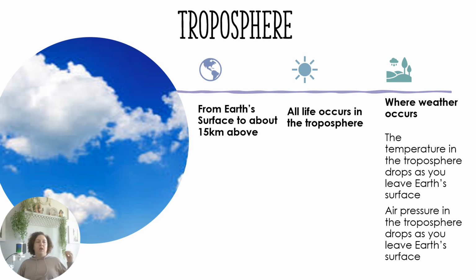So the troposphere. This is from the Earth's surface to about 15 kilometers above Earth's surface. So it goes beyond Mount Everest, which is the tallest point that humans are able to go. All life occurs within the troposphere. All weather occurs in the troposphere. But we have to think about it as we move our way up into our troposphere.